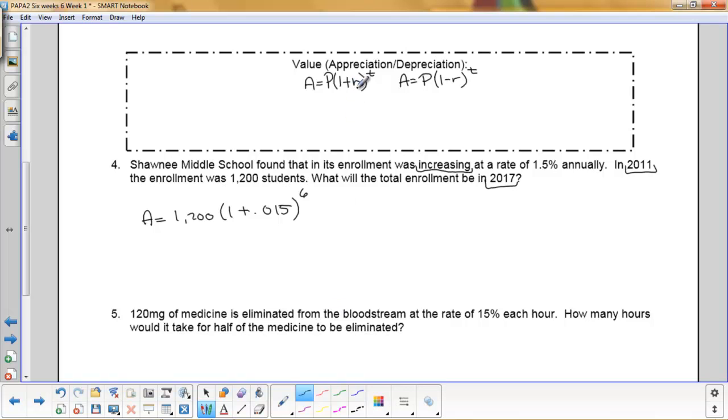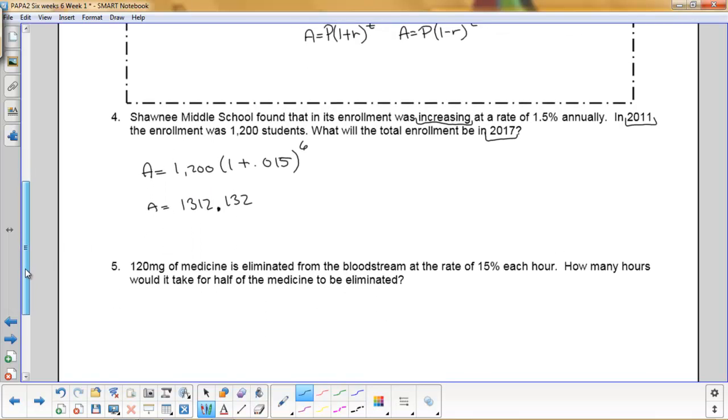Remember, your rate has to be in decimal form, not percent form. And then you simply type that into your calculator, and we get an approximated population of 1,312 students. We have a little bit left over, but with students, it's not very good to have parts of them.